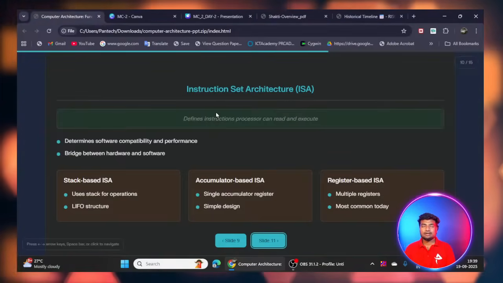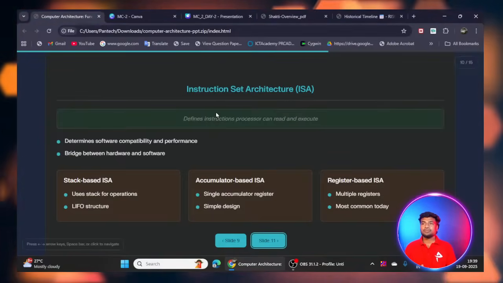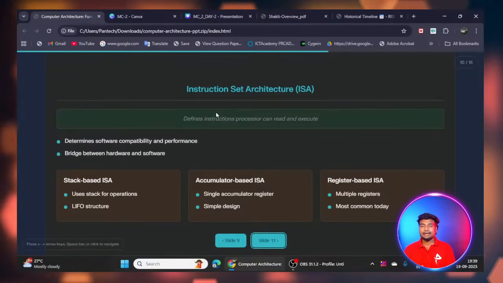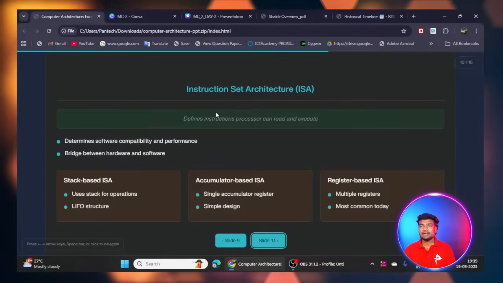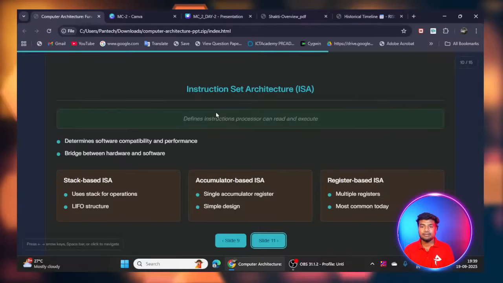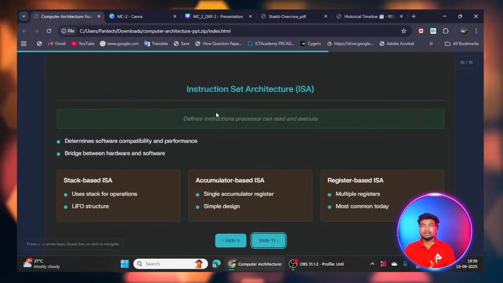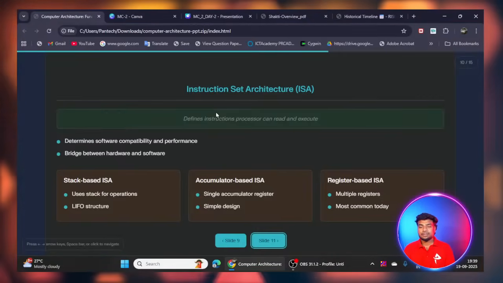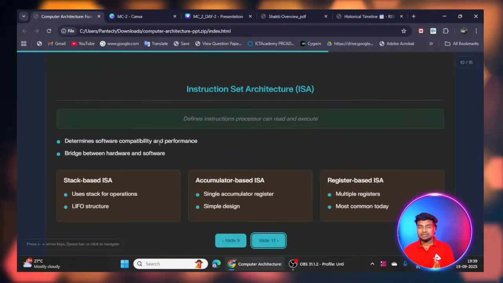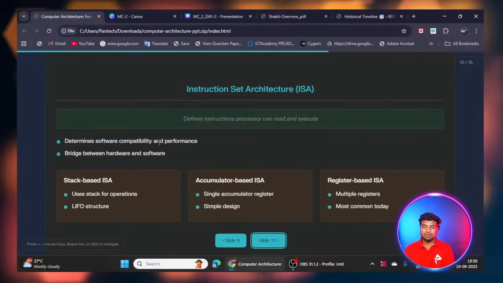It is a very big topic. If you are a VLSI engineer or an embedded engineer, you must know about ISA. Each and every chip, like ARM-based and RISC-V-based architectures, has its own separate ISA instruction list. We will see only a brief intro about ISA.